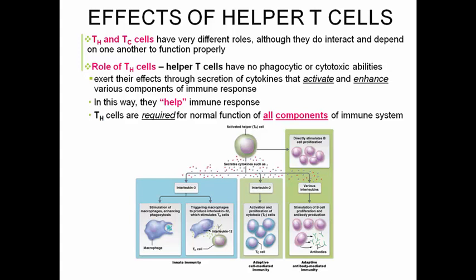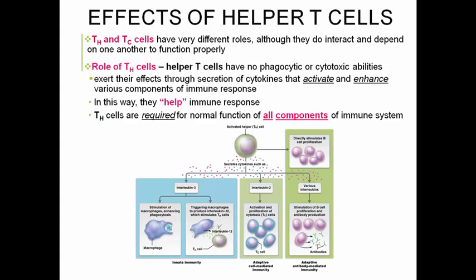So notice your T helper cells are non-phagocytic. They don't have cytotoxic abilities. They exert their effects by secreting cytokines. So these are chemical messengers that will activate and enhance other parts of the immune response. So in this way, that's why they're called helper cells, is because they, quote, help the immune response out.